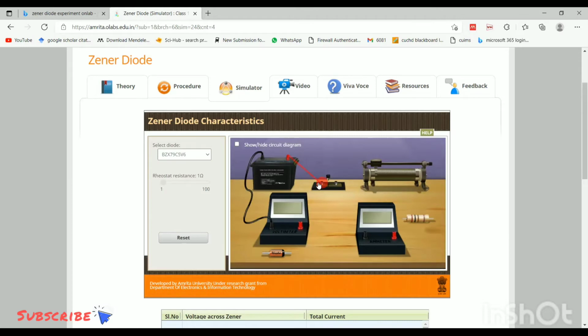This is with the insert key, and the insert key terminal with the rheostat and voltmeter, with the ammeter, with the resistance, with the rheostat, with the voltmeter. Now the diode is connected with the voltmeter. Now we can press the key.